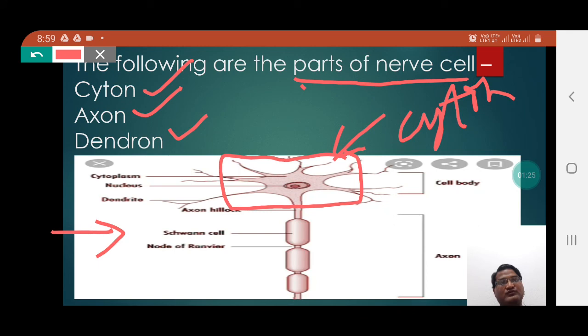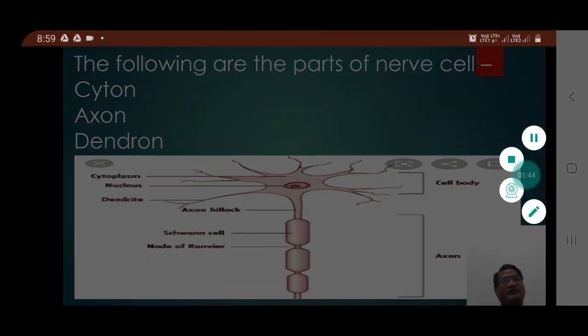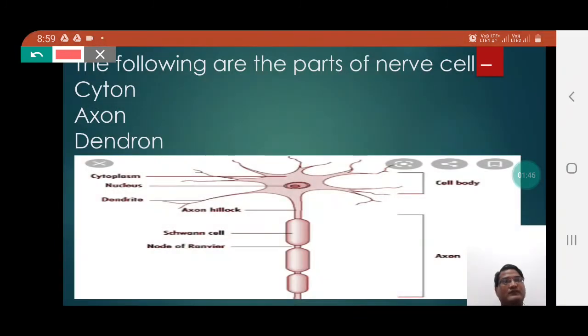We can also observe here the bundle of nerve fibers which is called axon. And if we observe here, we will be able to notice the projection of the cyton which is called dendron.